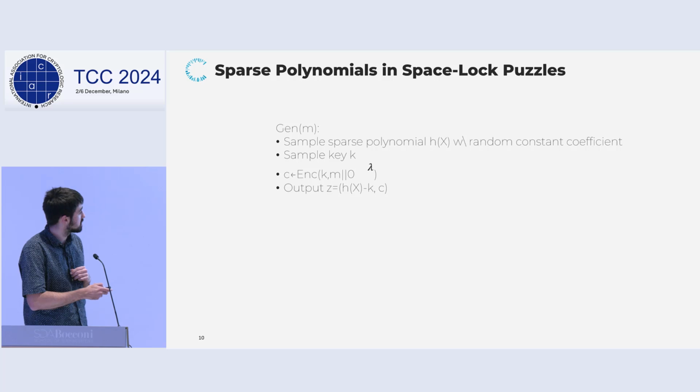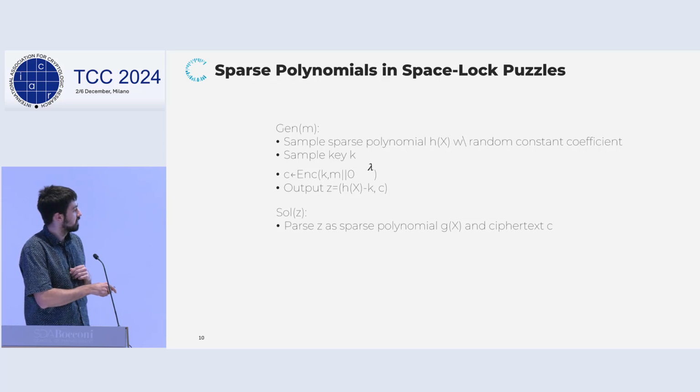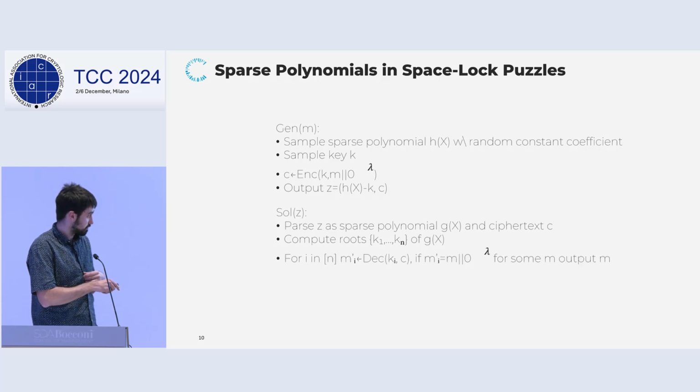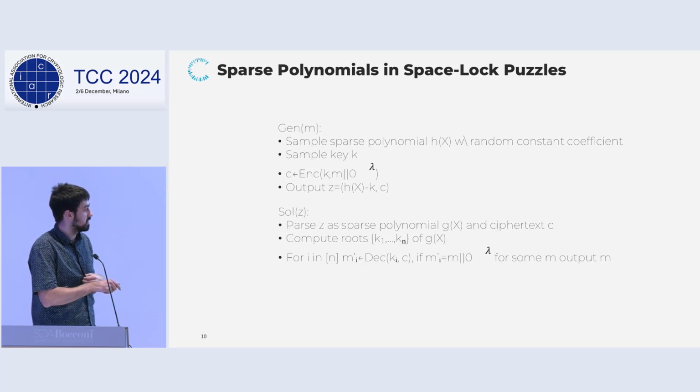Now when I solve this, I get n keys k, and I just go through all the keys and check which of them decrypts to something that ends in the padding, and because there are not that many k's, you can check this, and this validity check is only achieved if you use the correct key, and then M will actually be the message that you input here.